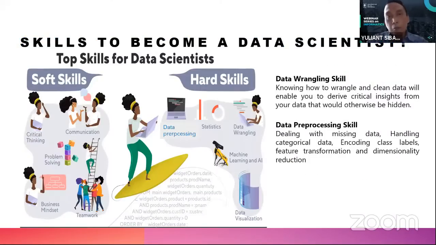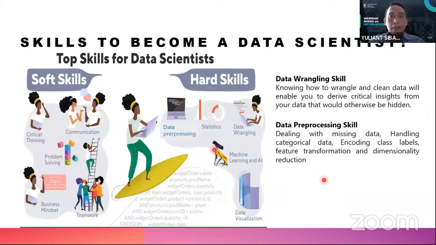How about data wrangling skill? In data wrangling skill, knowing how to wrangle and clean data will enable you to derive critical insight from your data that would otherwise be hidden.